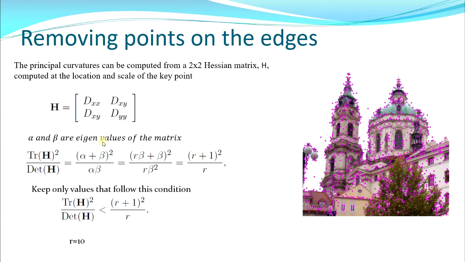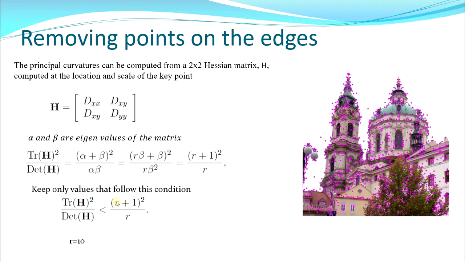So what the paper suggests is we can take an R, which is nothing but alpha upon beta, or beta upon alpha, I guess. Or just replace alpha by R beta and do some calculation, and you can set a threshold on R, how much you want the ratio of the eigenvalues to be. And this paper takes 10.